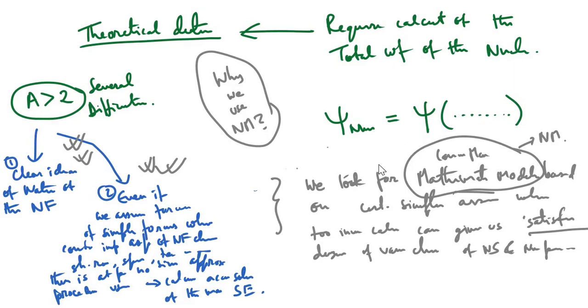Now regarding this total wave function, I must say that it is in fact possible to find the total wave function for the simplest of the nuclei, say two-body nuclei where only two or maybe three nucleons are present. That is a few-body problem. But what about the heavier nuclei? Say a nucleus having 150 nucleons. For such a complex, medium-mass nucleus, suppose the total wave function is available to us.